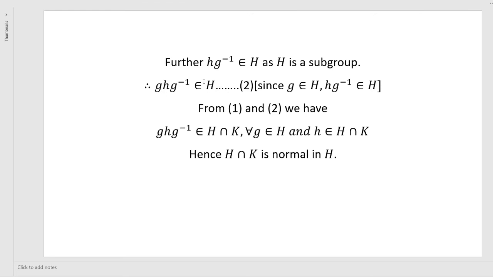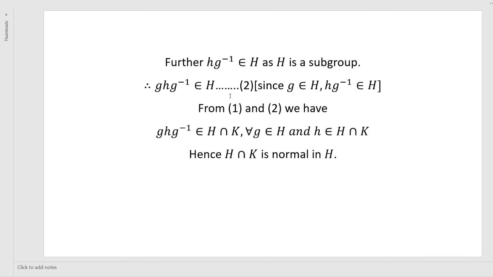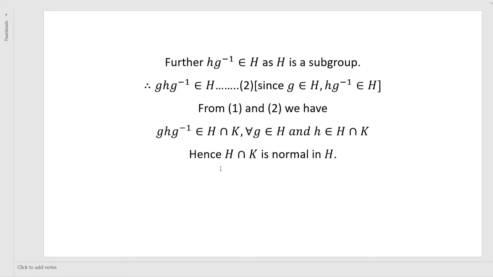So this is g h g inverse belongs to H. So what we have from 1 and 2: g h g inverse belongs to H, g h g inverse belongs to K, and hence g h g inverse belongs to H intersection K, for all g belongs to H. For all what we have taken, g belongs to H and h belongs to H intersection K. Right? Hence H intersection K is normal in H.